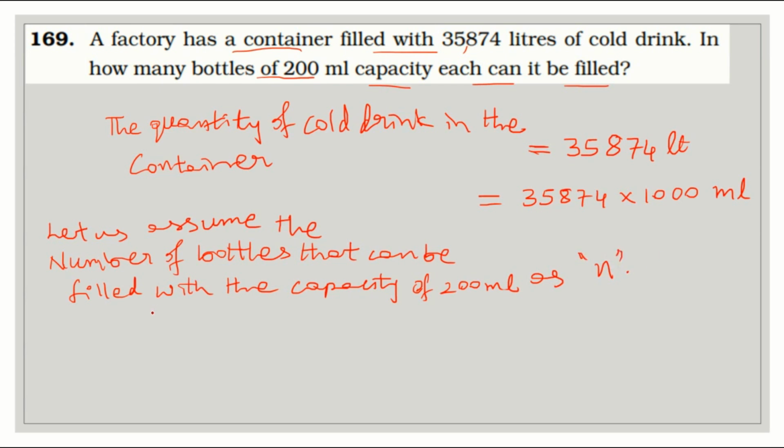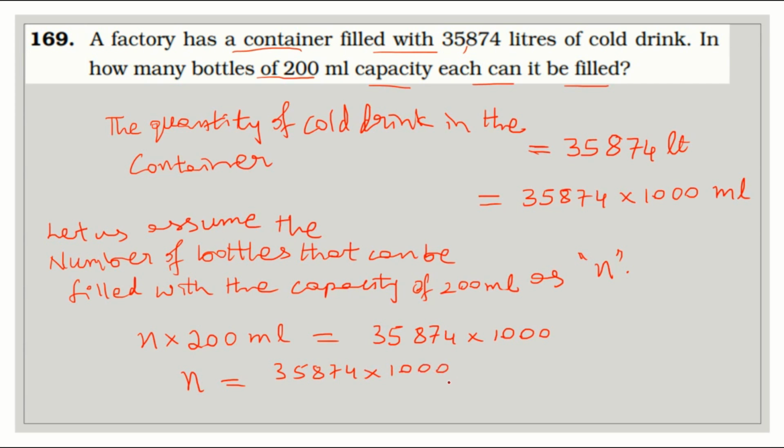If I assume n, now n number of bottles into 200 ml is getting filled and equated to this much quantity. Now if you want to find out n, you have to divide 35,874 into 1000 ml by 200 ml. 200 ones are 200, fives are 1000.